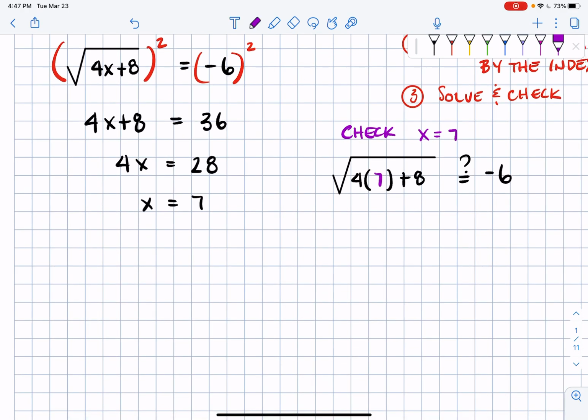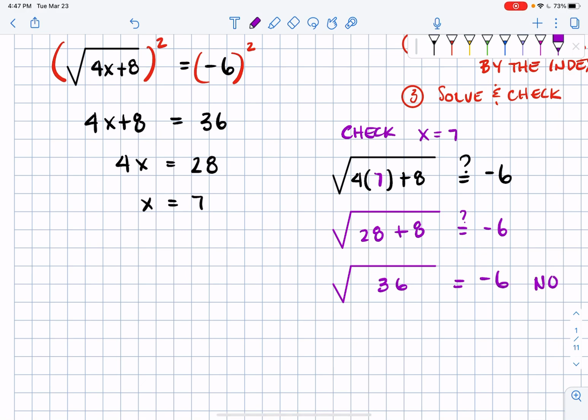The square root of 28 plus 8. Is that equal to negative 6? Well, I'm going to have the square root of 36. Is that equal to negative 6? And the answer is no.